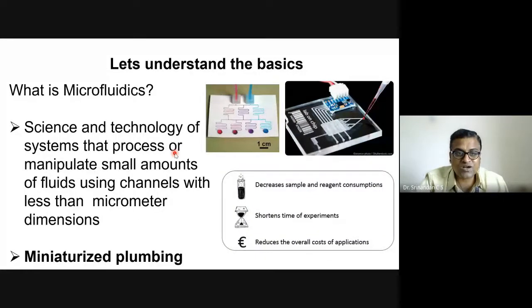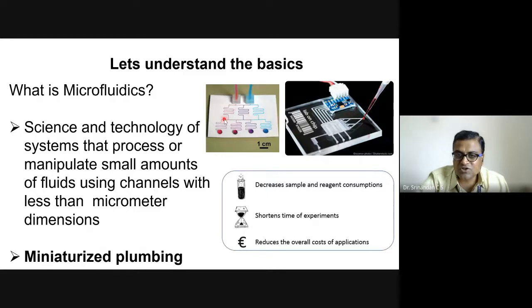How can you do this? By microfluidics. Just like the circulatory system, here you have the fluid which is moving around in very low amounts. Assume the dots over here to be the organs.